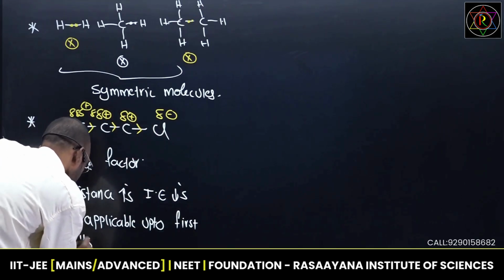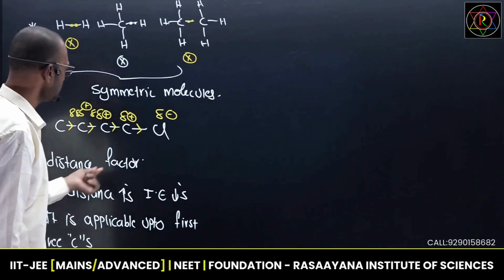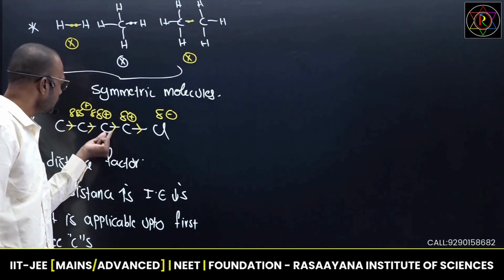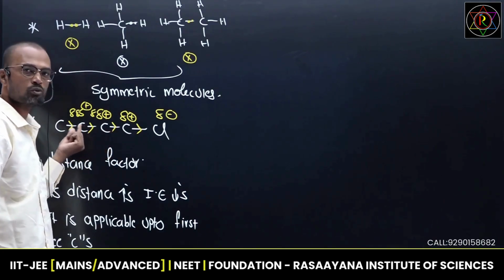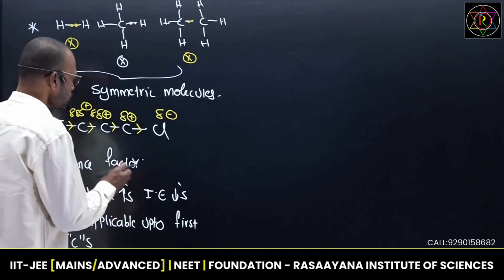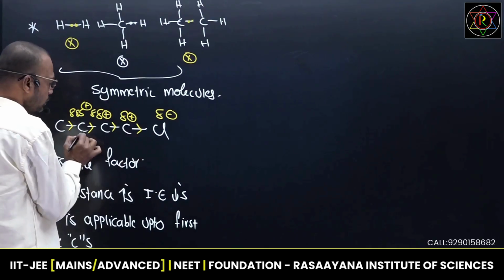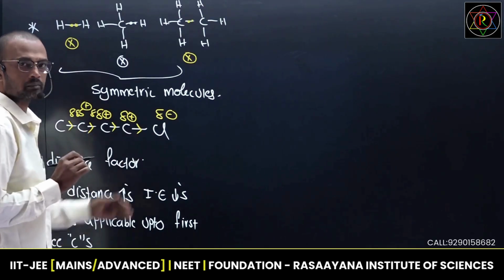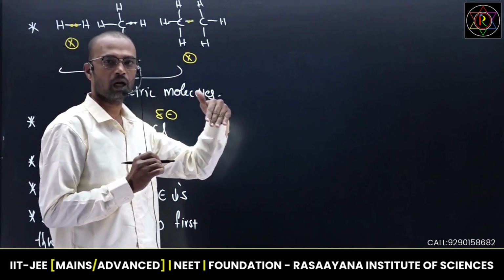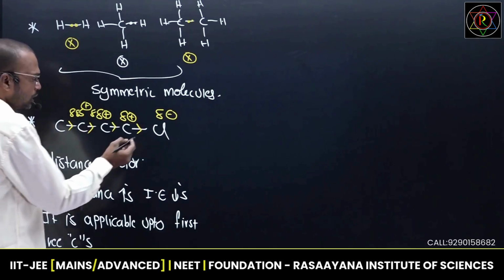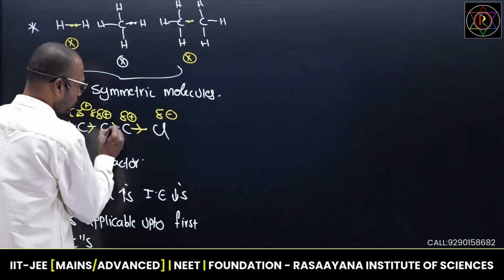In the first 3 carbons the inductive effect operates, and especially the first carbon has the maximum effect, then the second carbon, and it is not easy to measure from the fourth carbon. So the first 2 carbons are rapidly affected by the inductive effect group. The third carbon or third atom carries a little bit less effect, and from the fourth carbon onwards the effect is not applicable. We are drifting the shared pair of electrons through covalent bonds.